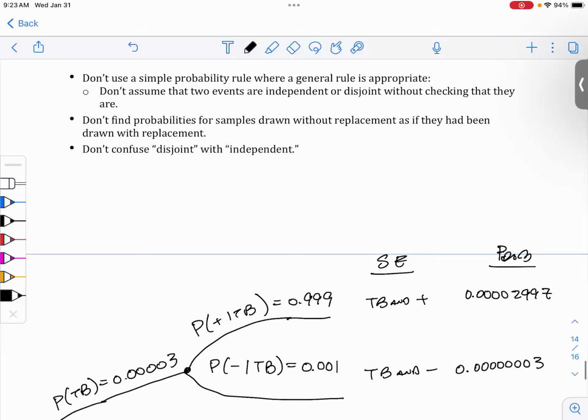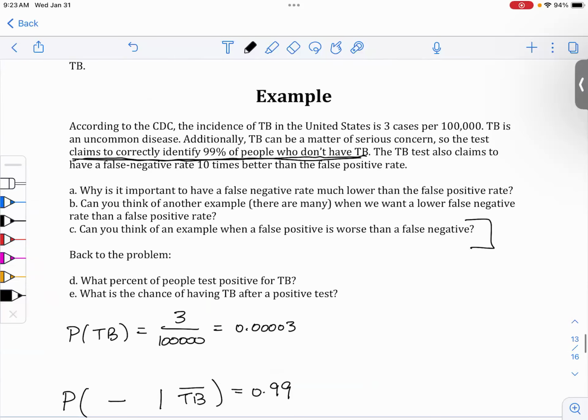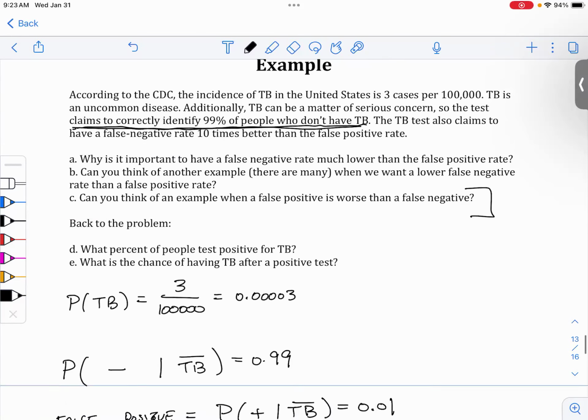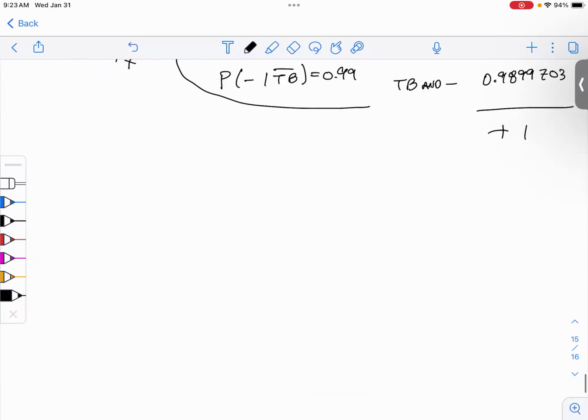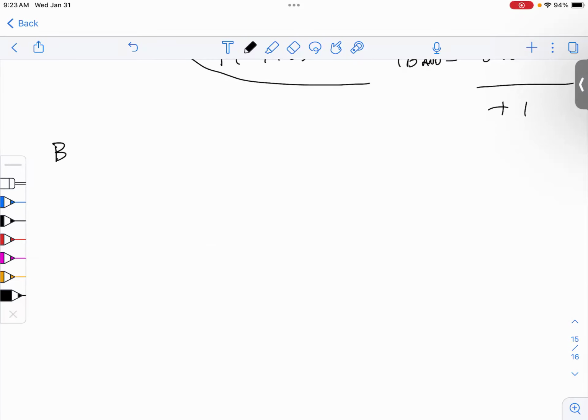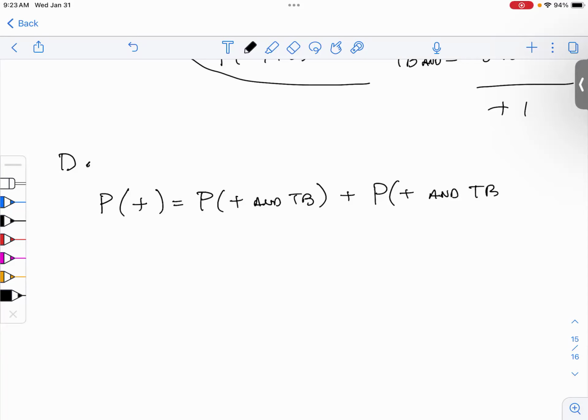So then we can answer questions. What percent of people test positive for TB? So probability positive, which is just the probability of positive and TB plus the probability of positive and no TB.